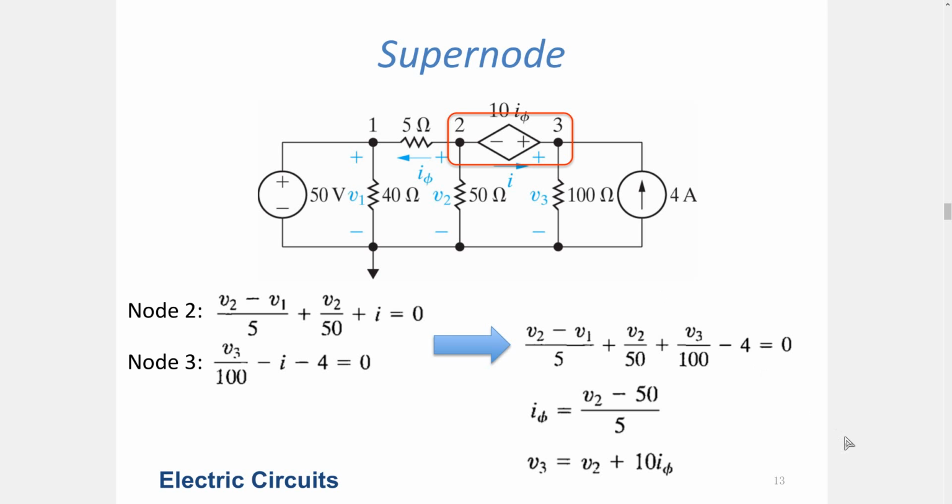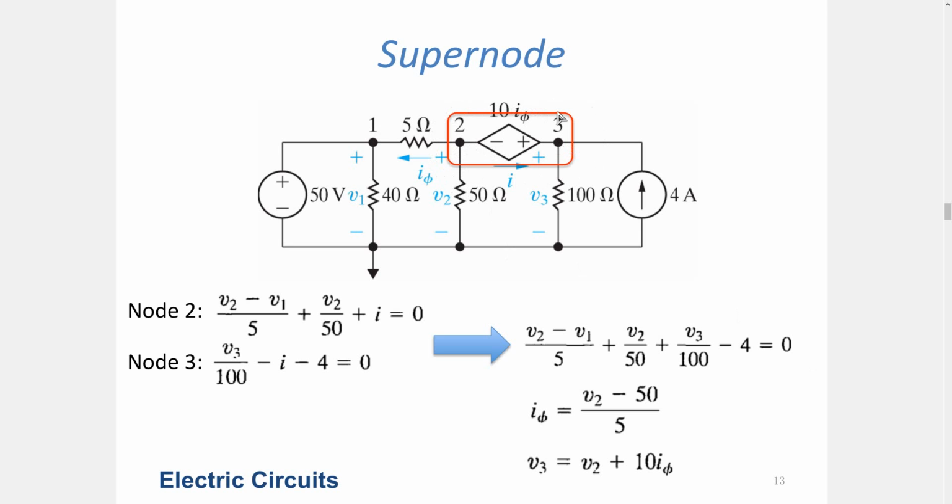We will continue our class on techniques for circuit analysis. Let us recap the concept of the supernode. When we have a voltage source directly connected between two essential nodes, we basically have a supernode, as you can see. In this case, we can treat the two circuit nodes as a combined single node.